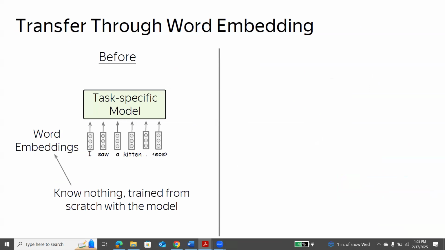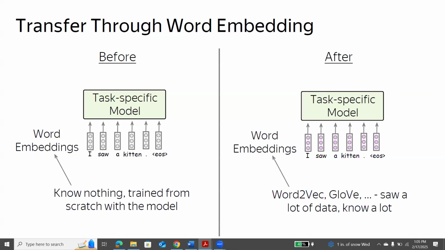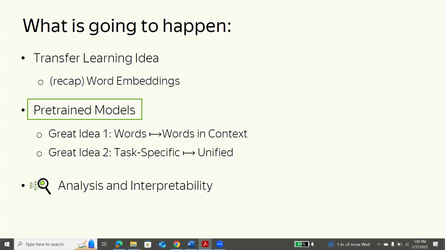In word embeddings, we use word embeddings for a task-specific model, or we could train embeddings from scratch, but the model was the same. So the first great idea was to use words, but context aware. Word embeddings are also context aware, but they were trained on a general corpus.